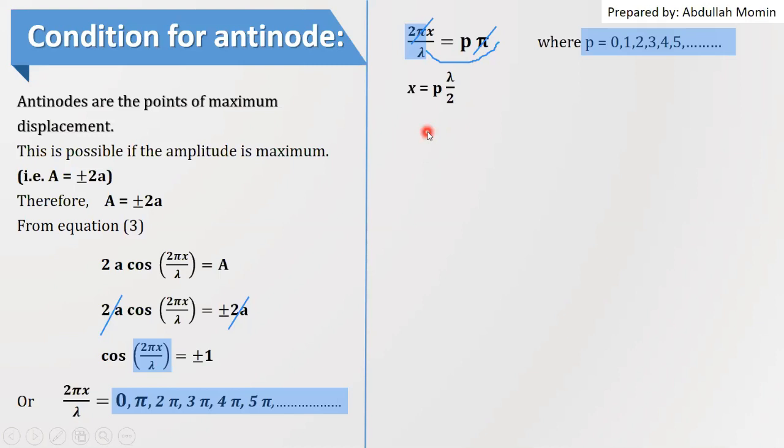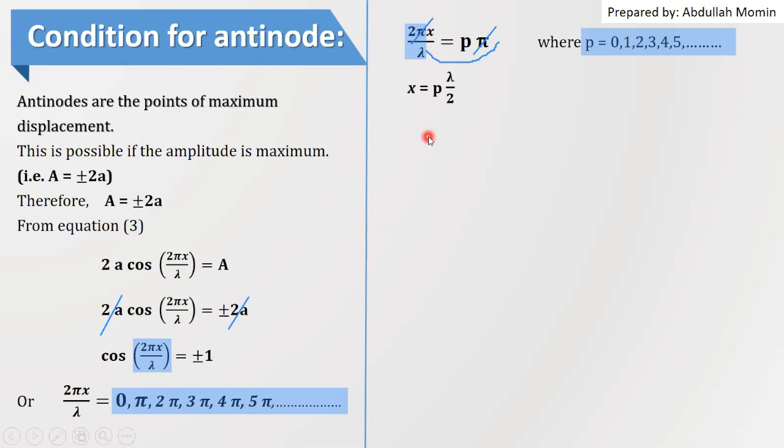Now again we are going to put the values of p from 0. If p is equal to 0, we will get x as 0. If p is equal to 1, we will get the value of x as lambda by 2. If p is equal to 2, we will get 2 lambda by 2, 2 will get cancelled, that is lambda. Then again 3 lambda by 2, 4 lambda by 2, 5 lambda by 2, and so on.